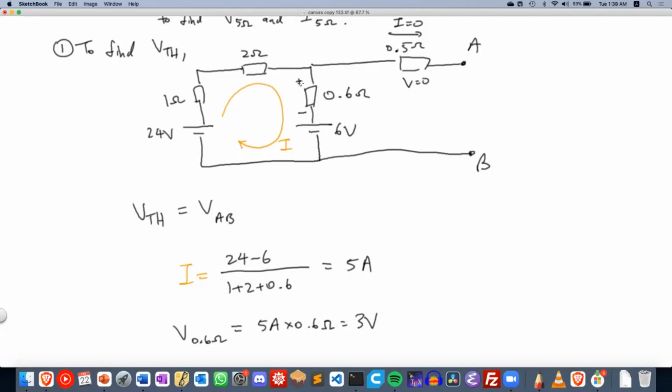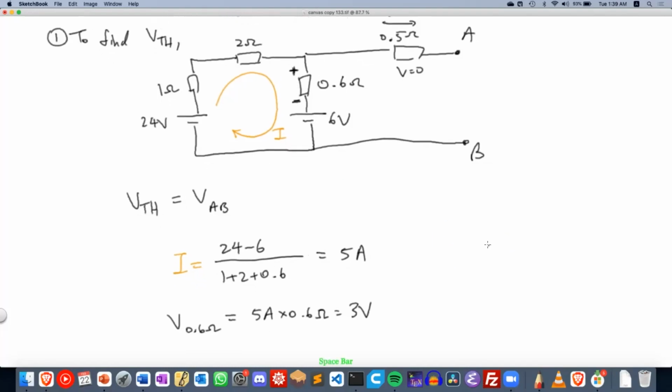Then the PD across A and B is the PD across this 0.6 ohm resistor plus the PD across this voltage source.